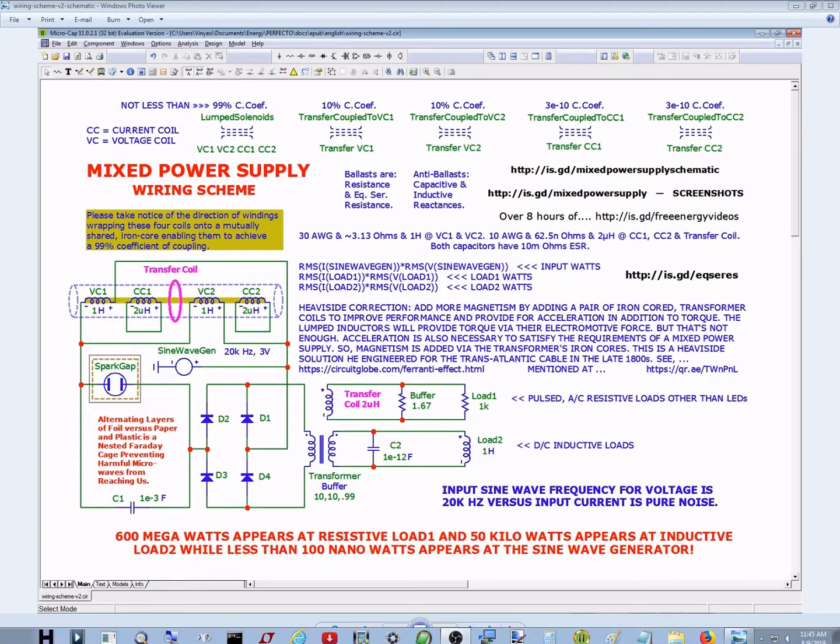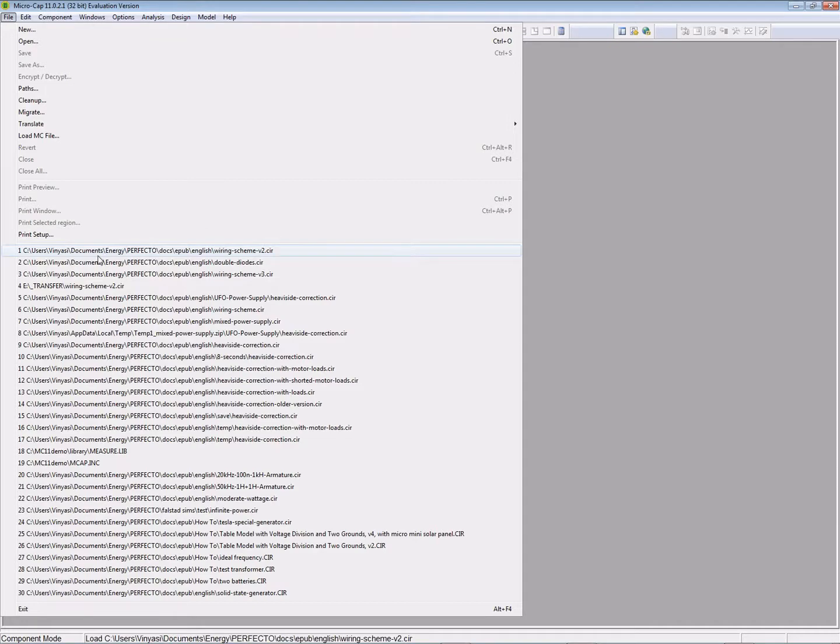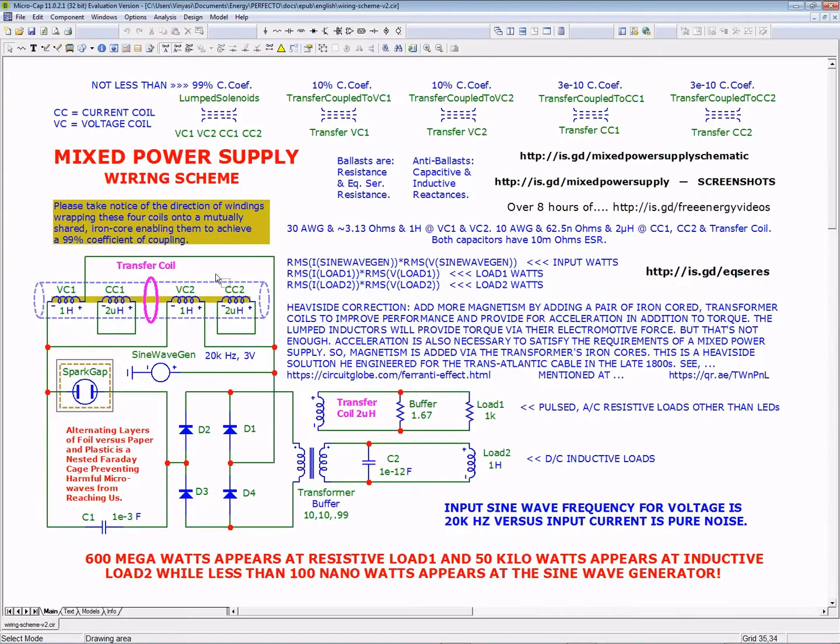Ooh, let's try it. Let's see, where did I put it? Let's try that and see what happens. Alright, so let's lower this to 1.